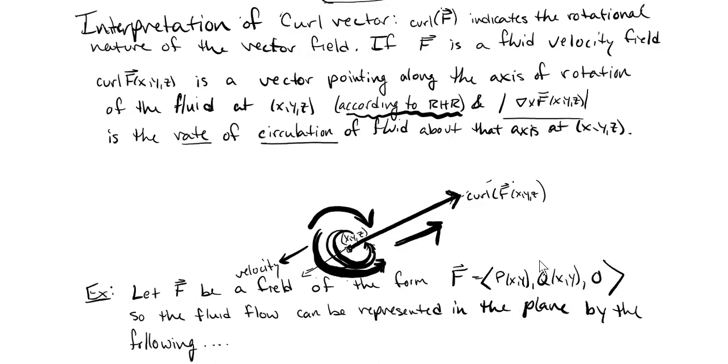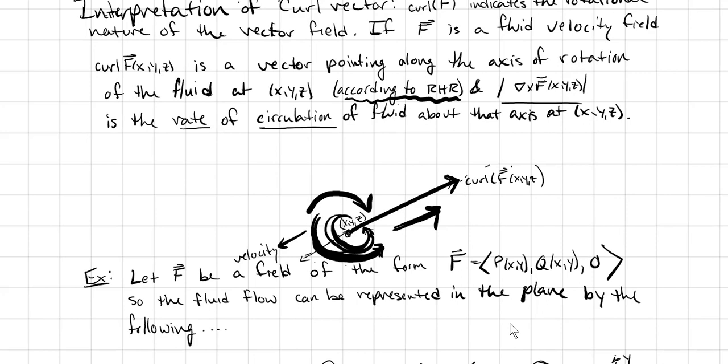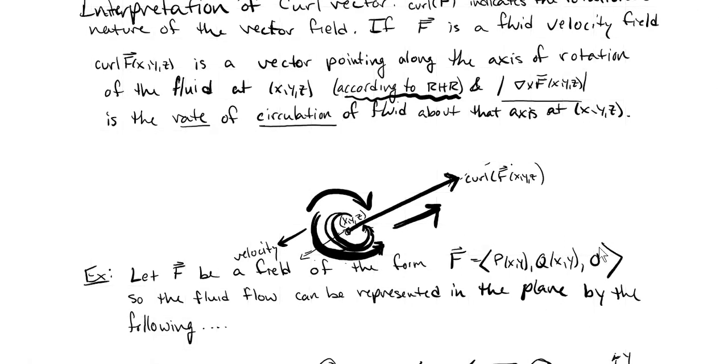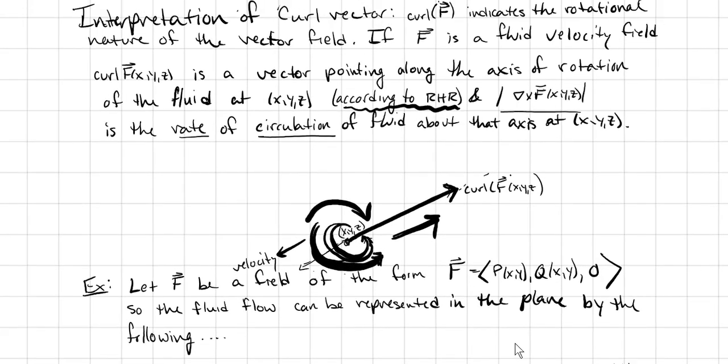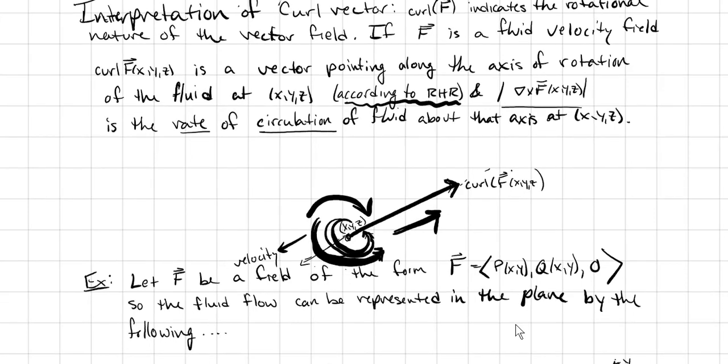And so in this way, some 3D vector fields can be viewed in the plane, because really everything interesting about this is viewable in just a single plane, the xy plane. All the other planes in 3D give you the same exact picture.